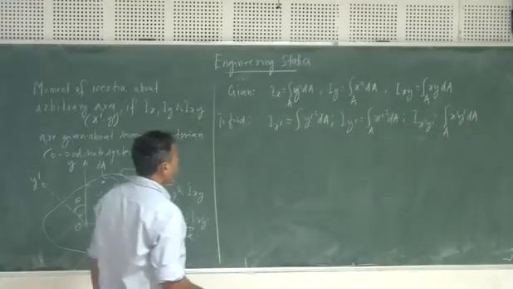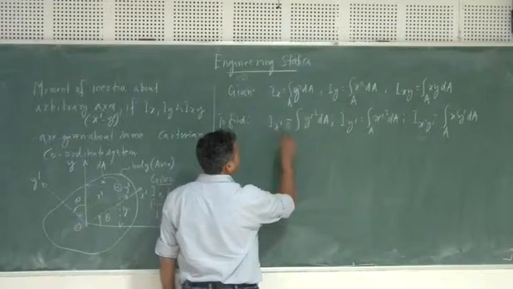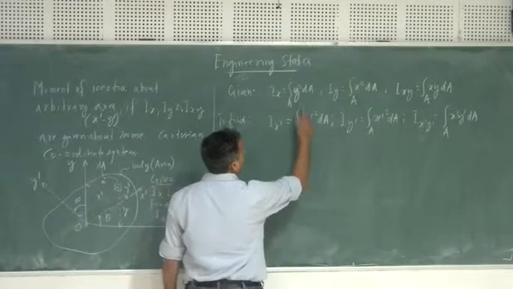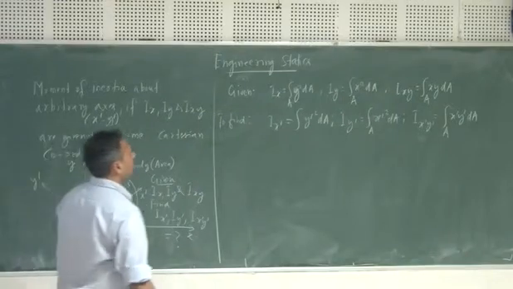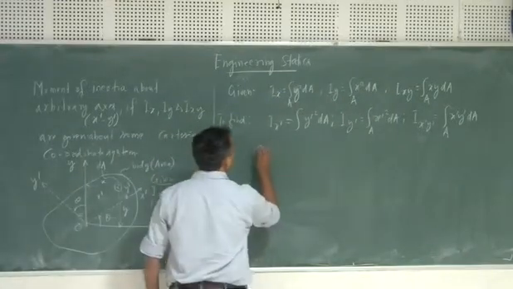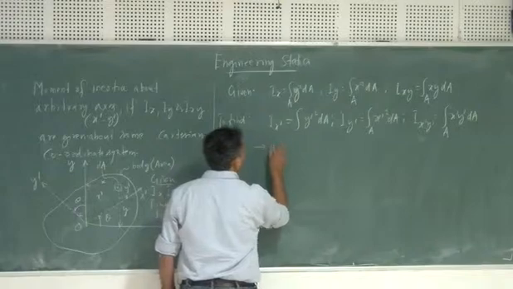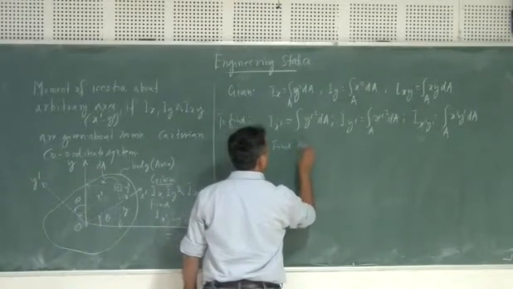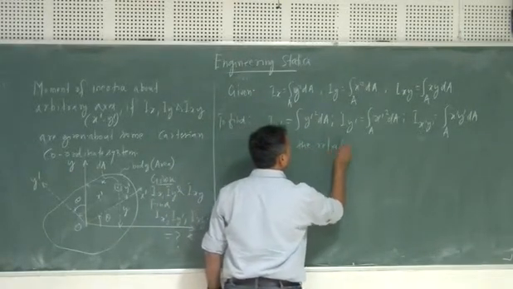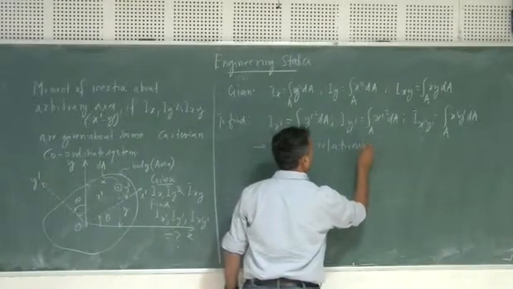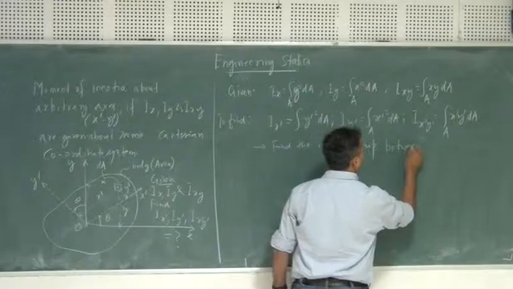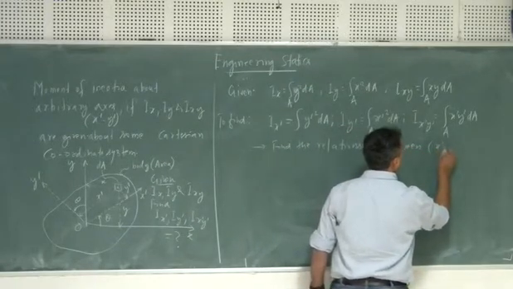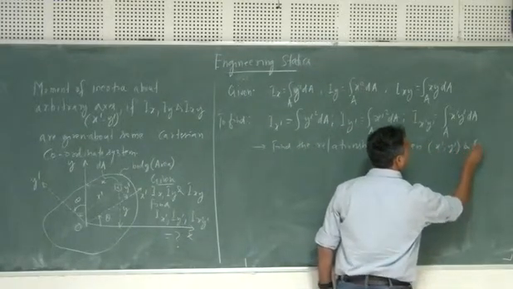Now to find these particular values you require x dash and y dash in terms of x and y. First, the first step is to find x dash and y dash.